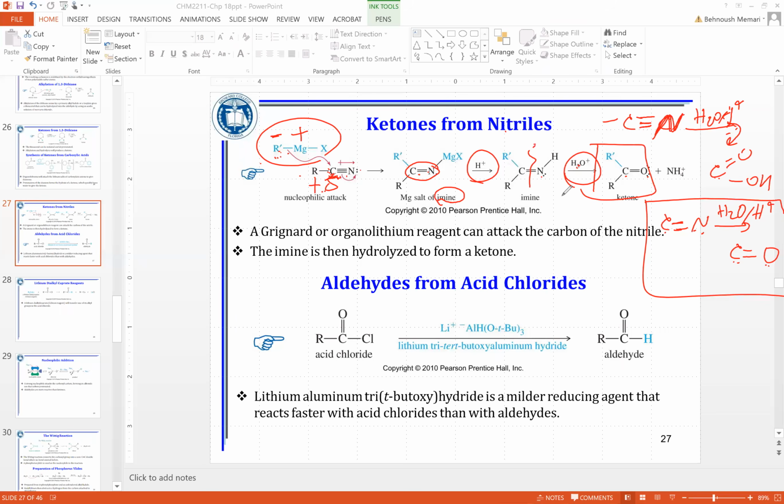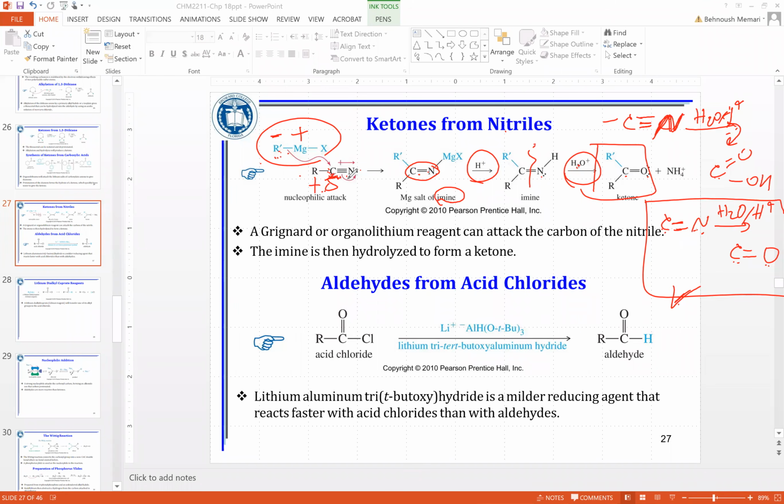And the reagents needed for each of the reactions and the number of steps are different from one reaction to another. But a key point is that if you have a C=N double bond and you hydrolyze, it would change to a C=O double bond. This can help you actually.